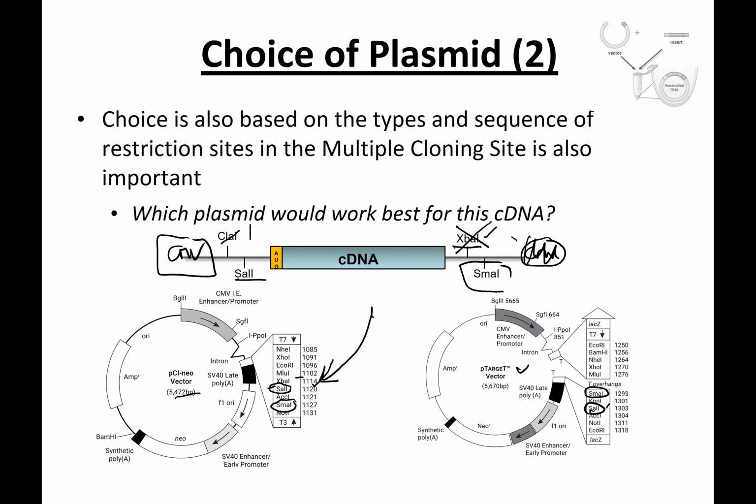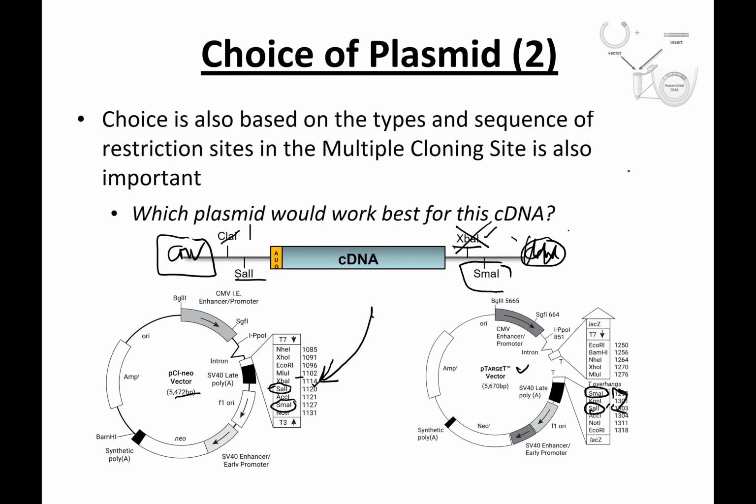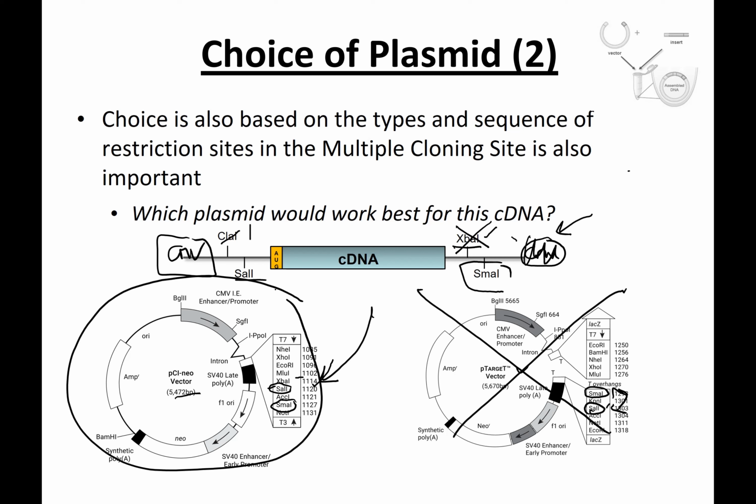This will work. In this case, instead, the restriction sites are flipped compared to the pCI-neo vector, and so the CMV promoter would end up being in the opposite direction, like in the first example. So at this point, you would choose this plasmid right here, which allows you to express in eukaryotic cells and will allow you to clone the cDNA vector in the proper orientation.